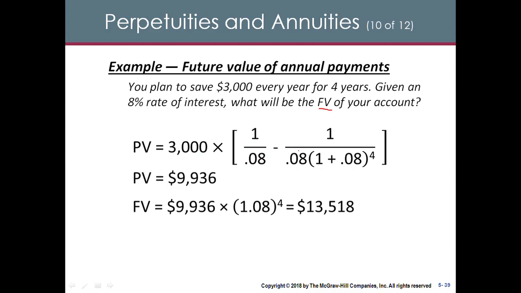Here we are applying the formula C, that is 3,000, into 1 by r minus 1 by r into 1 plus r to the power t. You apply that and you calculate the present value. This is the PV of the annuity, and then you apply the future value or compounding factor, that is 1 plus r to the power t, and that will give you the future value of all these payments at the end of 4 years.